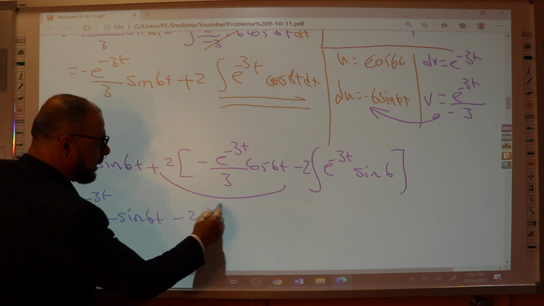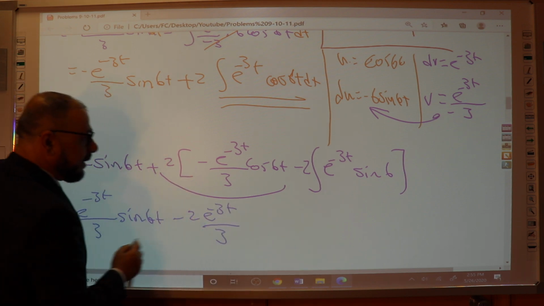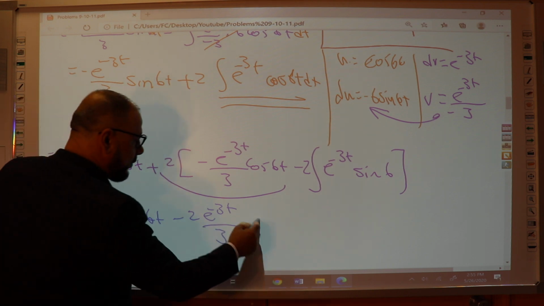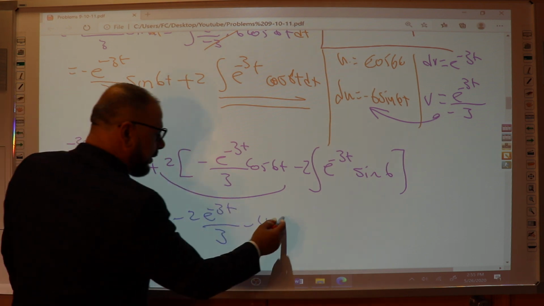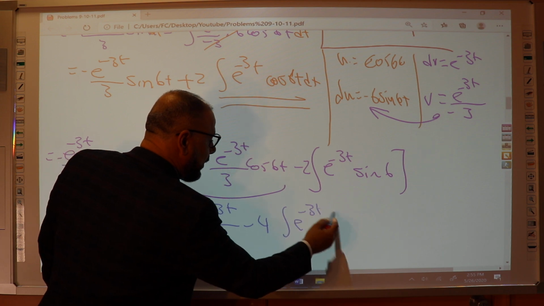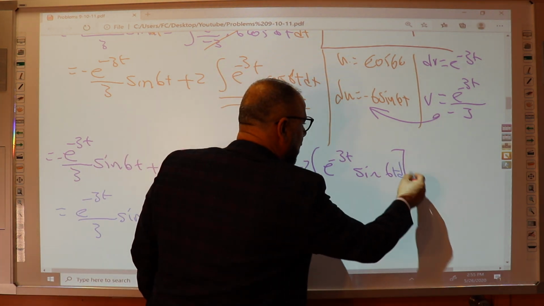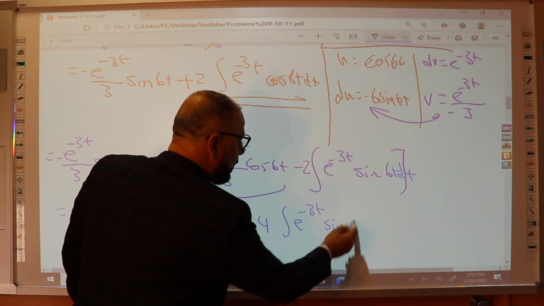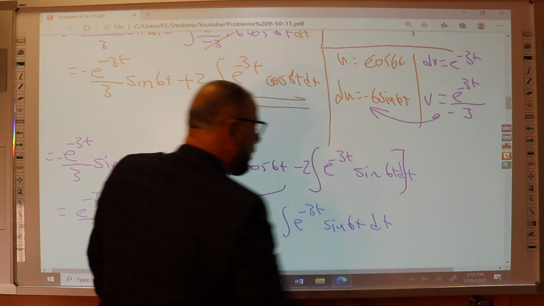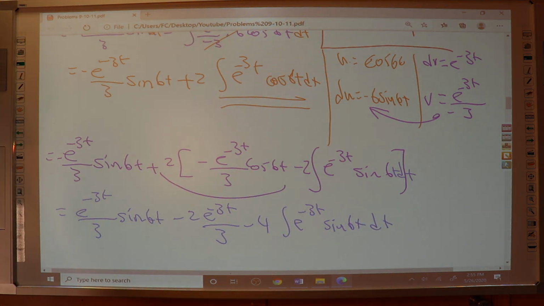Negative e to the negative 3t over 3, minus 4 integration of e to the negative 3t sine 6t dt. Good?